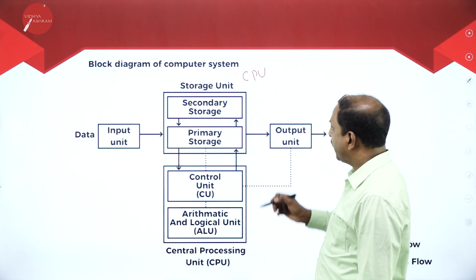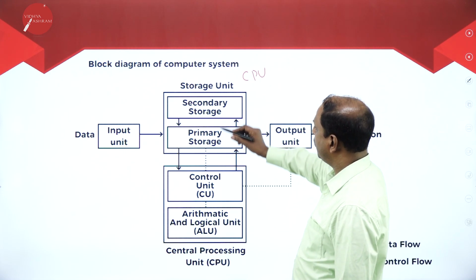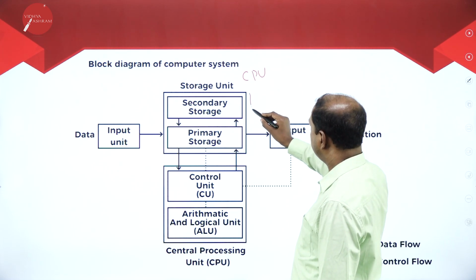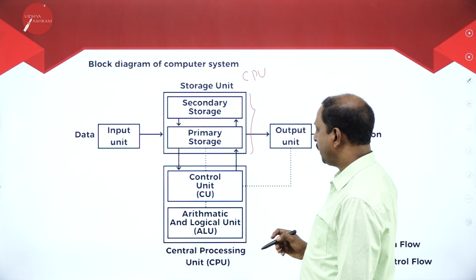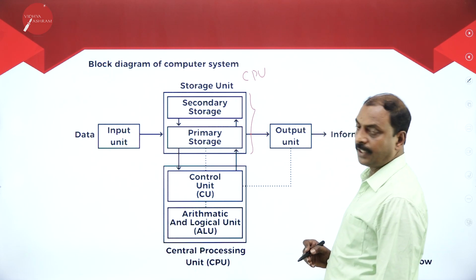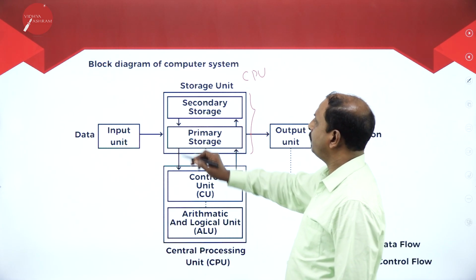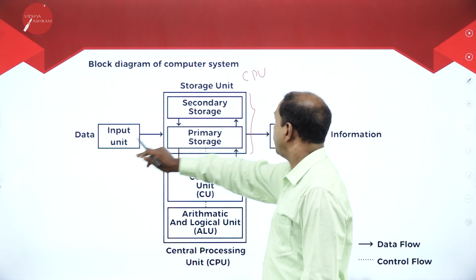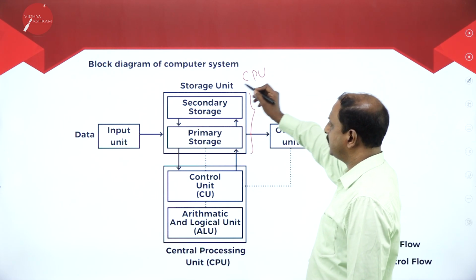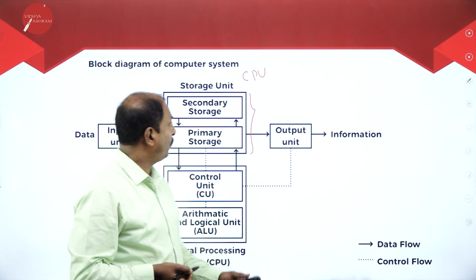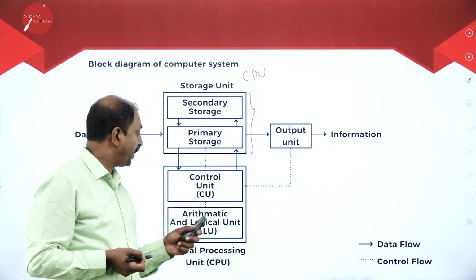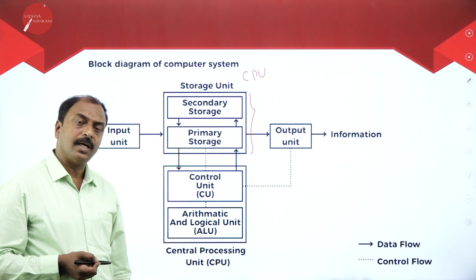This CPU is again divided into three parts: memory, which together is primary and secondary memory, the control unit, and the arithmetic and logic unit.